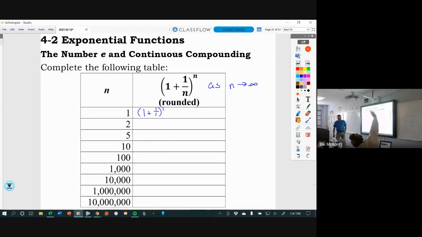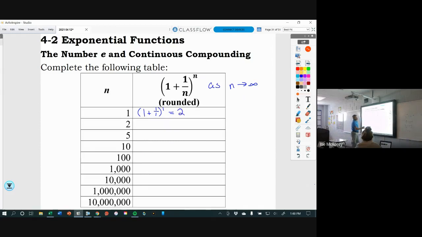So 1 plus 1 over 1, which is 1, so 1 plus 1, which is 2. And 2 to the first power is? 2. Hard stuff.